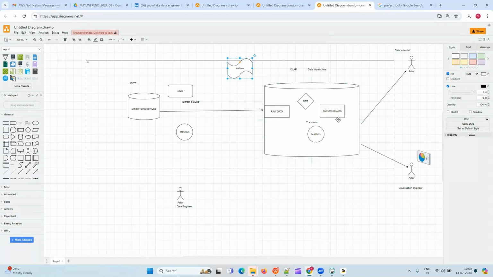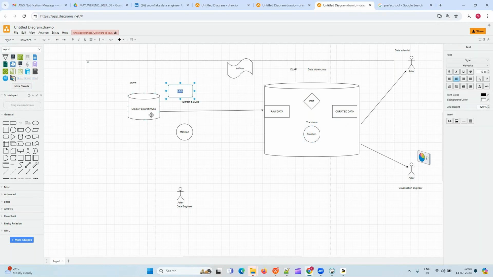Any other questions, guys? And DMS, you're saying, is the Data Migration Service, like data migration? What exactly are you using, the AWS data migration tool?